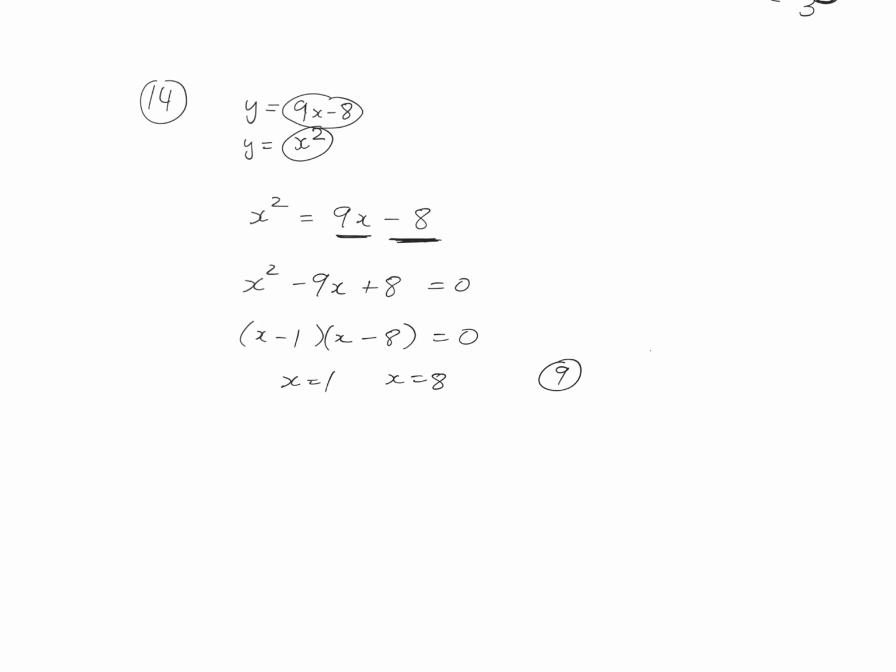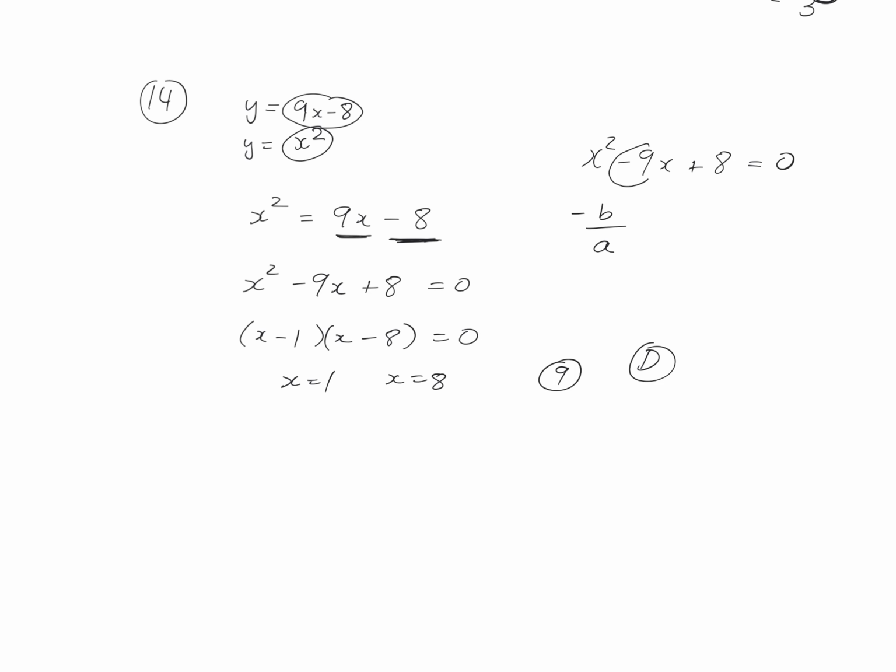So that's 9, D. Another clever way to do it is once you have the quadratic equation, x squared minus 9x plus 8 equals 0, there's a clever little formula that the sum of the solutions of any quadratic function is always negative b over a.